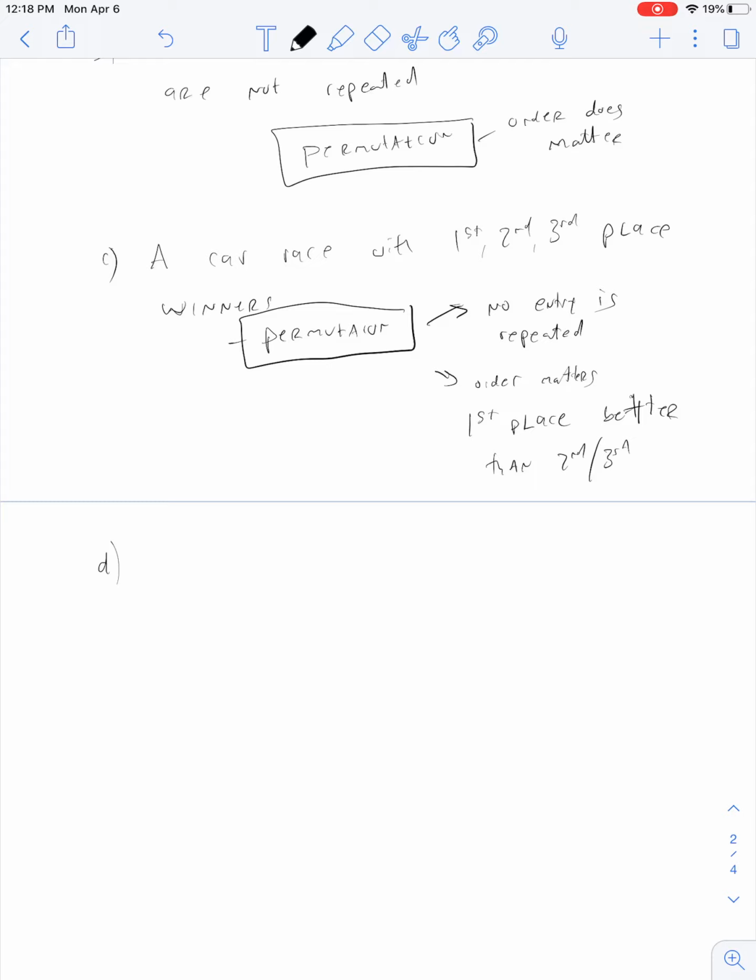How about another example here? Let's say we have a committee is needed from 6 men and 5 women. All right, this would be an example of a combination.